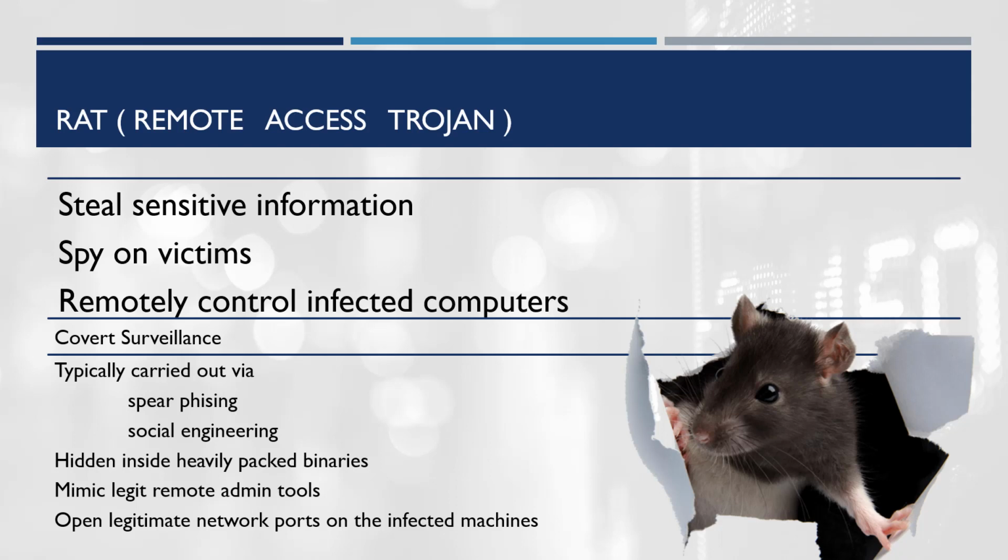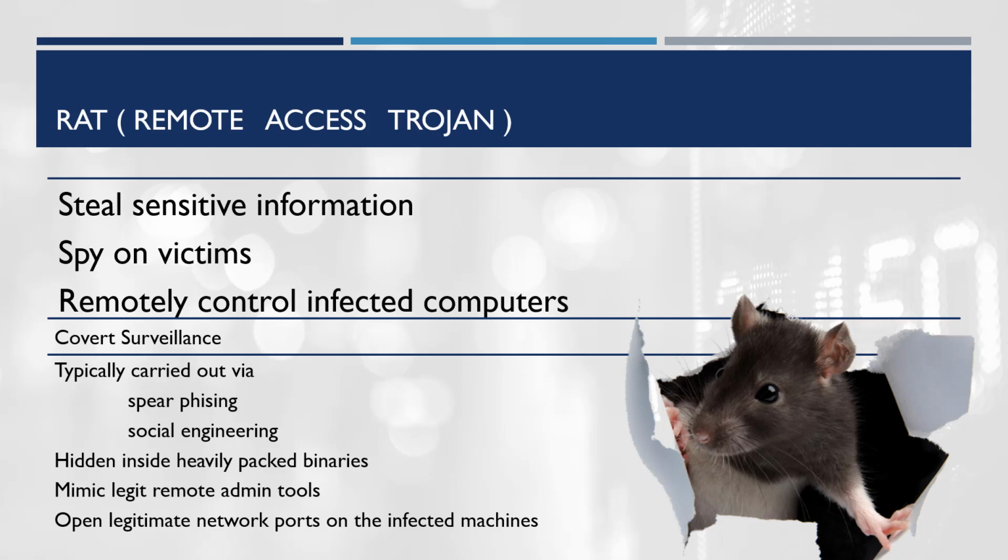They open legitimate network ports, so they appear benign to most security products. They mimic legitimate commercial remote administration tools. They perform different kinds of operations that do not resemble common malware techniques.